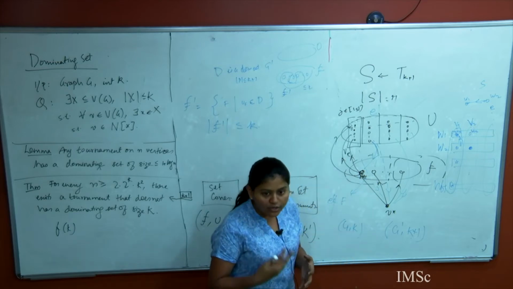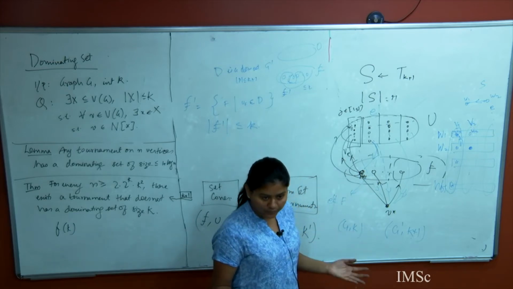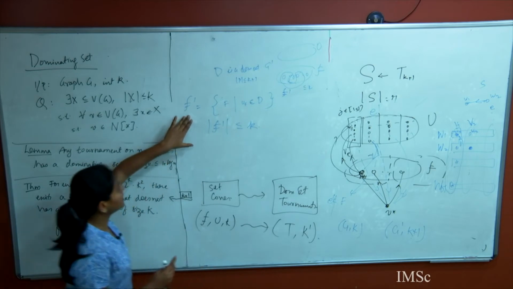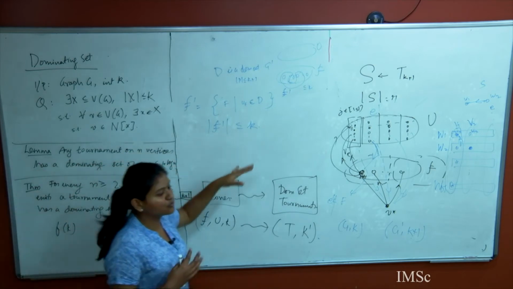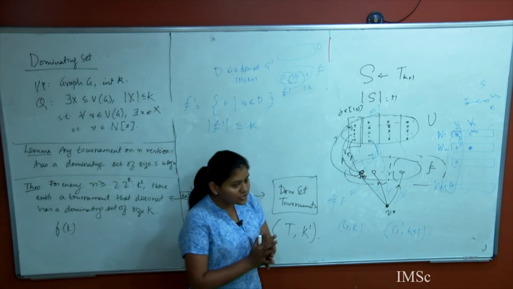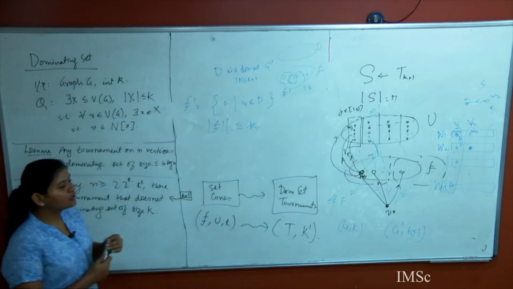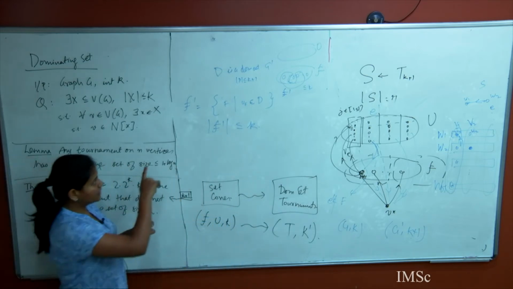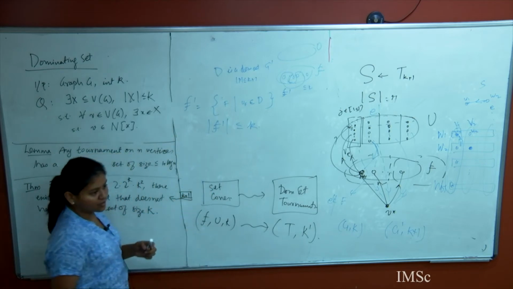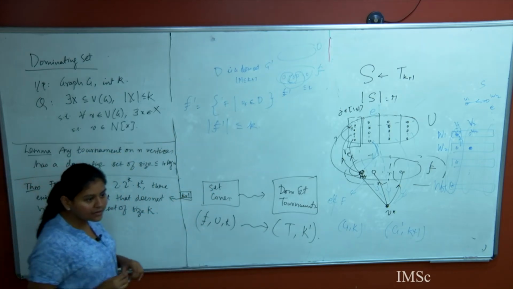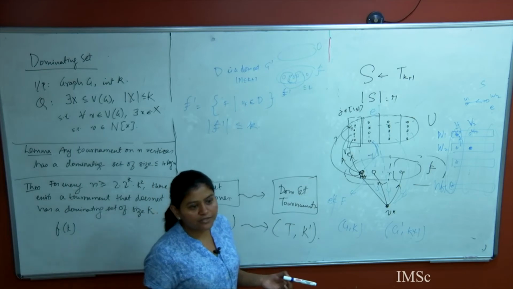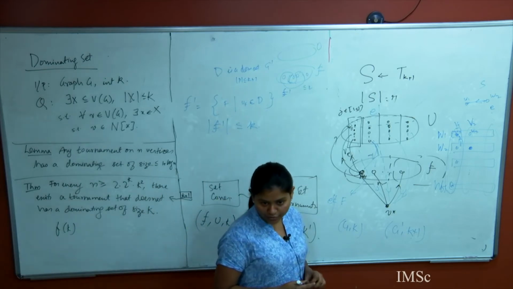Therefore, there are only k such vertices at most. So this family F prime that I have created has size at most k. Now size is okay. What we need to show is that this family forms a set cover.